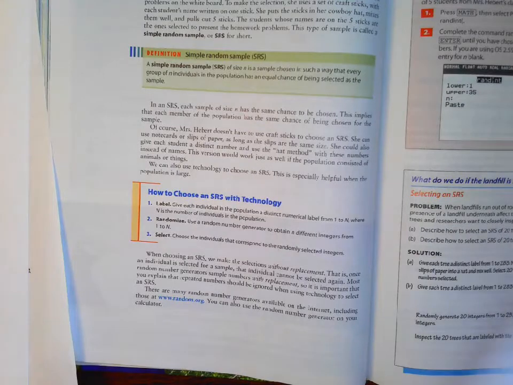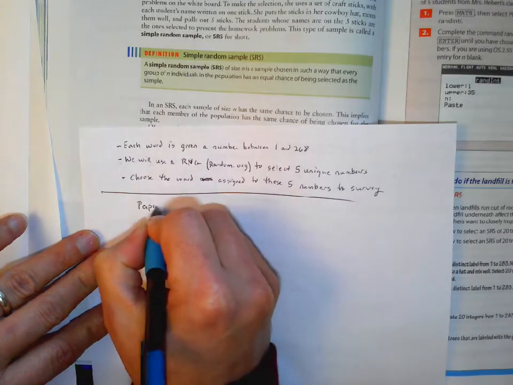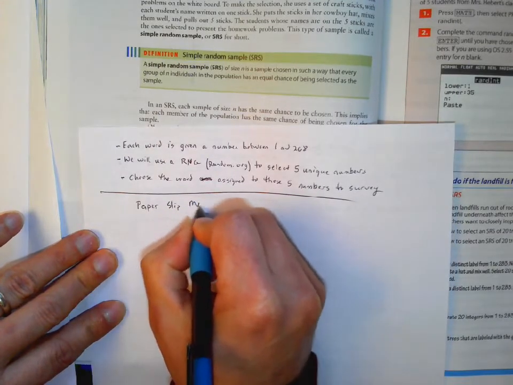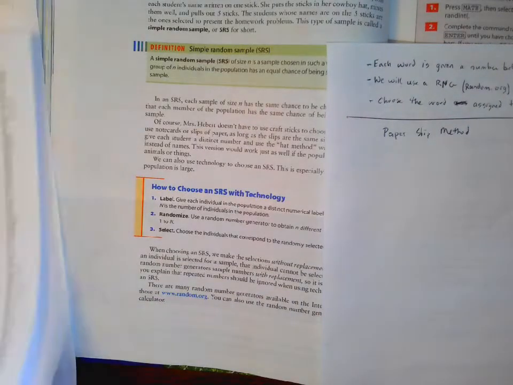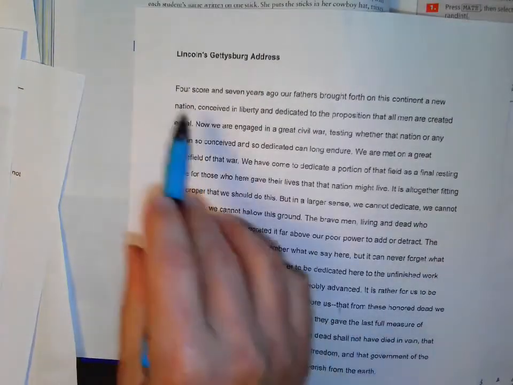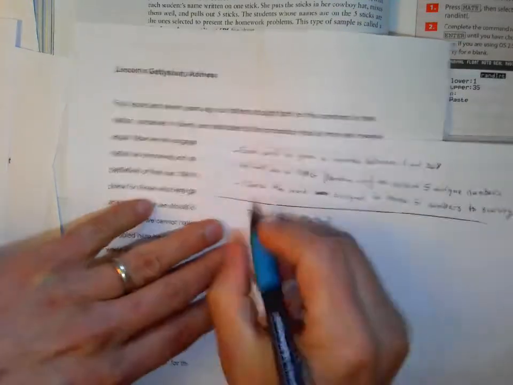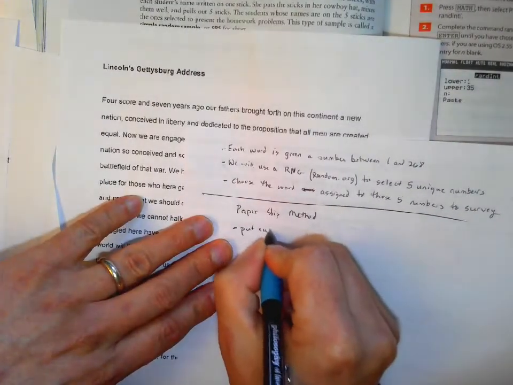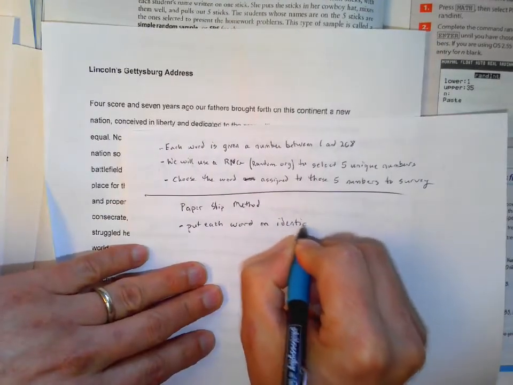Now, another way to do this is the paper slip method. Okay, so I could take the Gettysburg Address here. What do I do with it? I could cut out, okay, so to make them all have the same chance, I could put each word on identical pieces of paper.